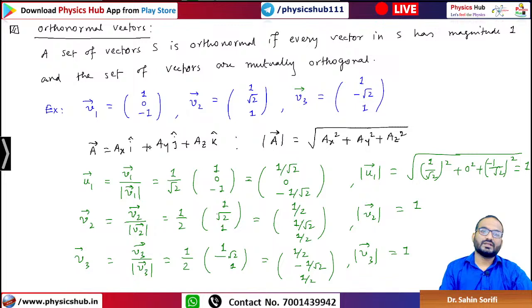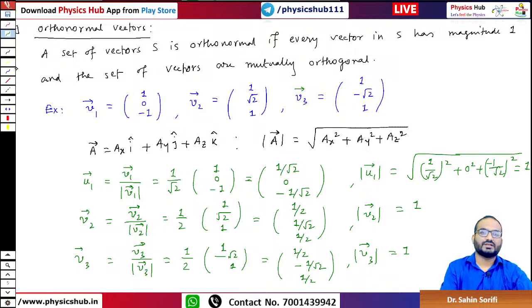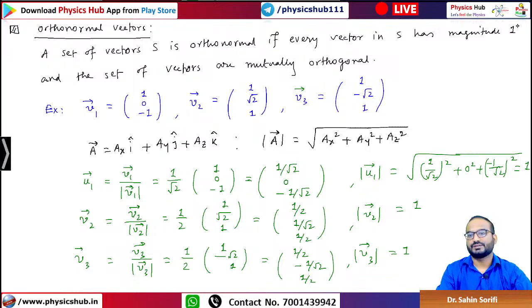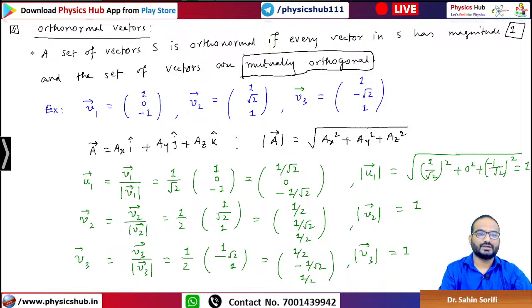So, to check whether the given vectors are orthonormal, you have to consider the magnitude, which should be 1, and they should be mutually orthogonal. These two criteria need to be fulfilled.